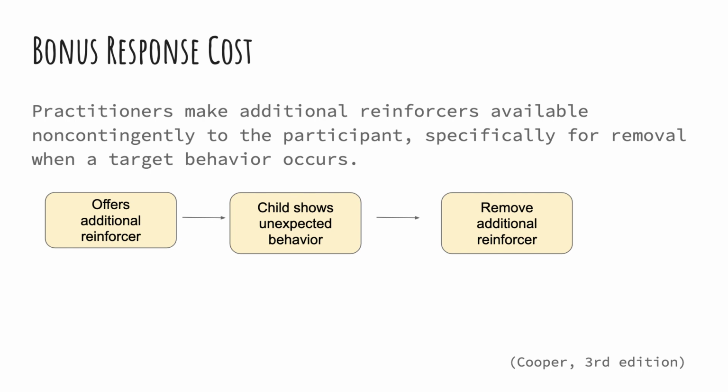The removal of the token acts as a consequence for the disruptive behavior, signaling to the student that their actions have consequences, and encouraging them to reconsider their behavior in the future. This approach not only reinforces the importance of adhering to classroom rules, but also provides an opportunity for the student to learn from their mistakes and make better choices.